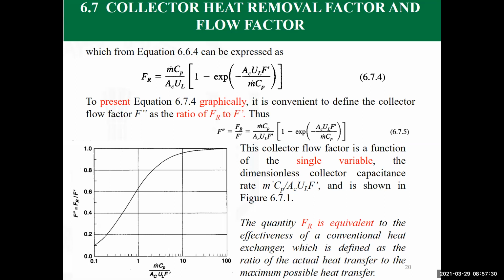So I'm writing here in italic that the quantity FR that you can see here is equivalent to the effectiveness and the number of transfer units expressions that we have for heat exchanger analysis. There's a similarity between both of them. The only difference here is that we're accounting for the energy falling from the sun and the energy being lost from the collector, in calculating the net amount of energy.